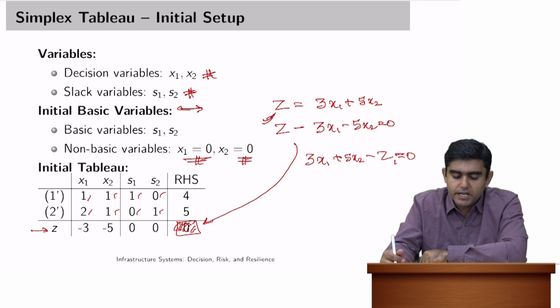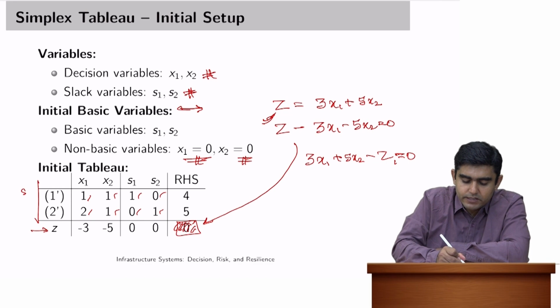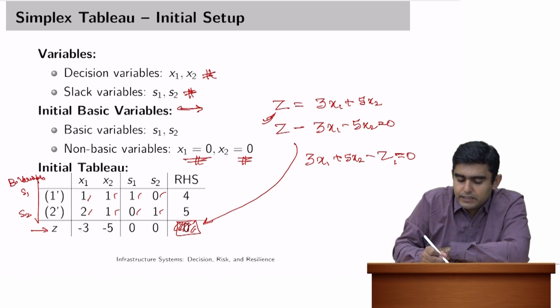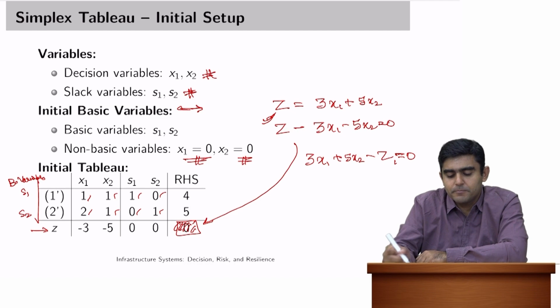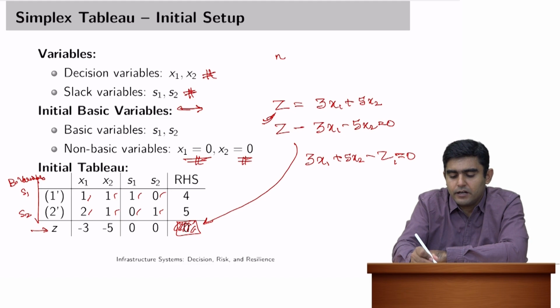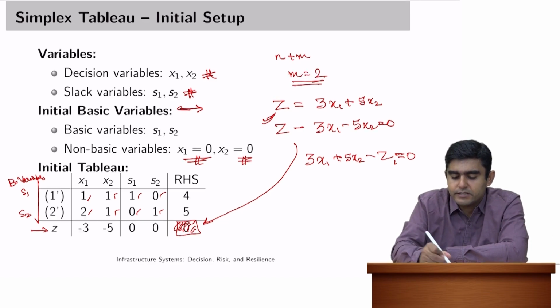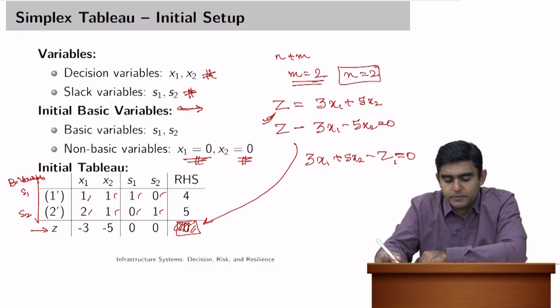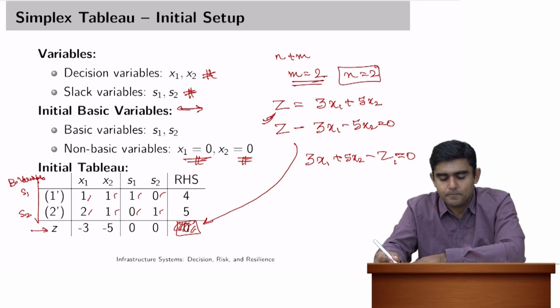Now, when we make S1 and S2 the two basic variables, then x1 and x2 are bound to be non-basic variables, because out of n plus m, I can take only two basic variables, which I have already selected as slack, and both x1 and x2 would be selected as non-basic variables and take the value 0.